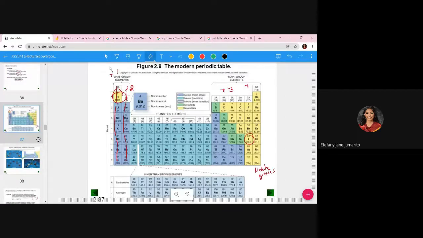All right, now we have here the periodic table. I guess you are now very familiar with your periodic table. So we have the main group, the metals, the non-metals, transition metals, and inner transition metals. What about krypton? Is it a metal, metalloid, non-metal, or transition metal?